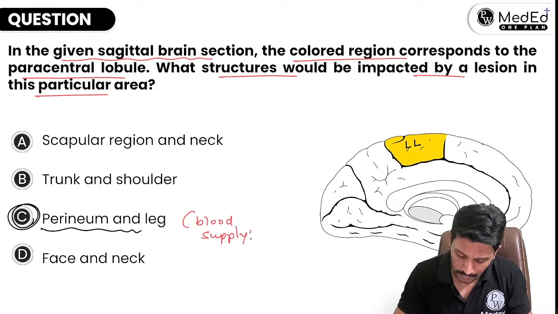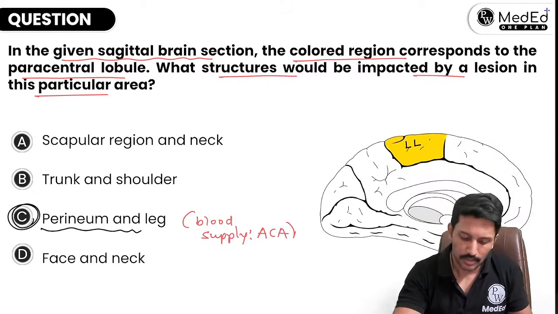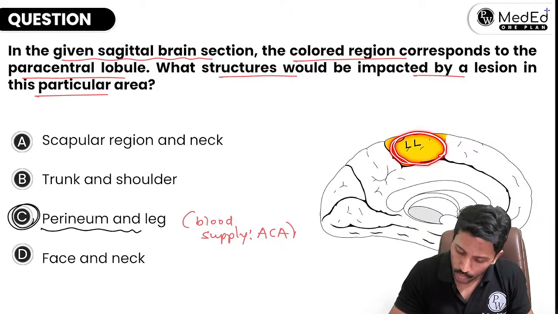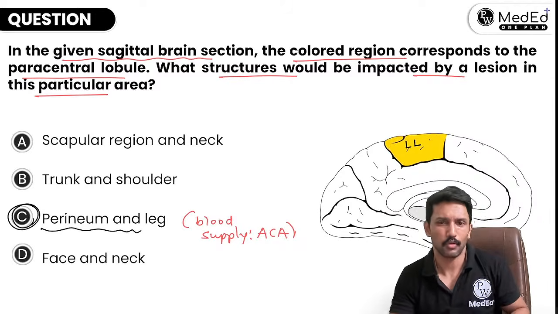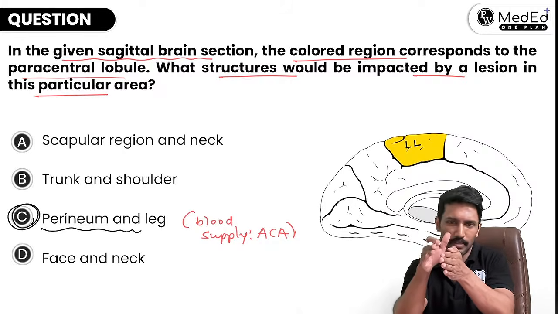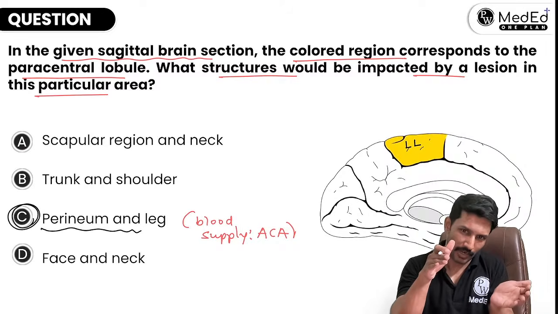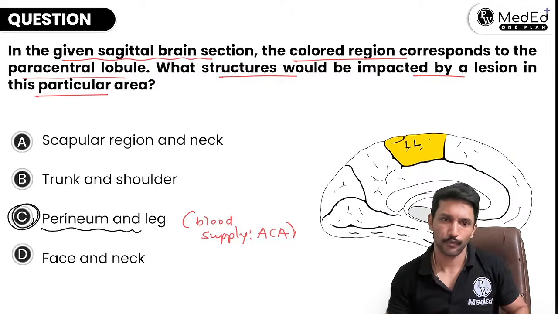So this is the lower limb and perineum representation on the motor homunculus: the medial and superior surface, that is the paracentral lobule. The lateral surface is where you have the upper limb, and the lateral inferior surface is where you have the face represented.